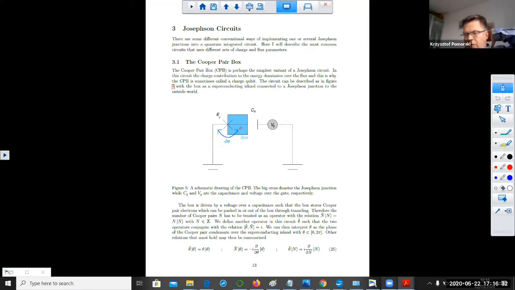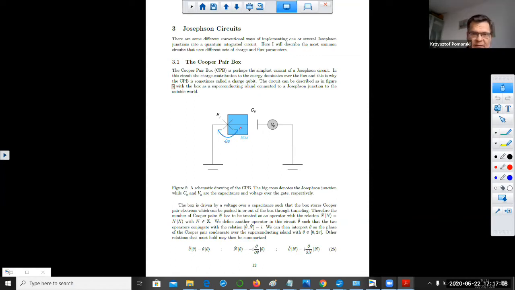Before, I was mostly describing types of systems like the flux qubit, that is a superconducting qubit controlled by a magnetic flux, and also I described the phase qubit, a qubit that is controlled by electric current. Now I want to describe another type of qubit, that is the Cooper pair box, and I want to do it in greater detail.